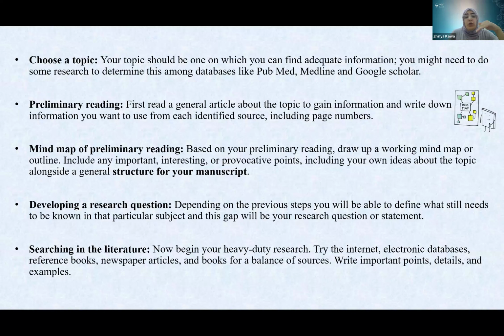After that, you're going to do extensive literature review and heavy research. Definitely, you can use not only online and electronic resources, you can also use reference books, newspaper articles, and etc. So remember to take notes and write important points and examples as well, because examples are something you really need to support your answer.